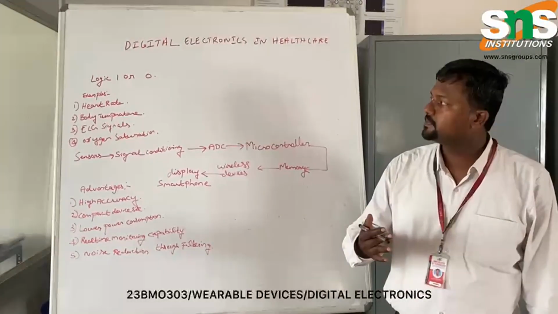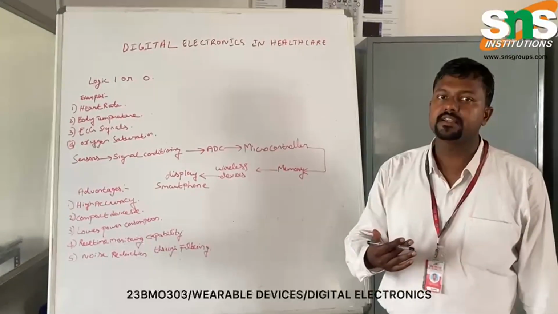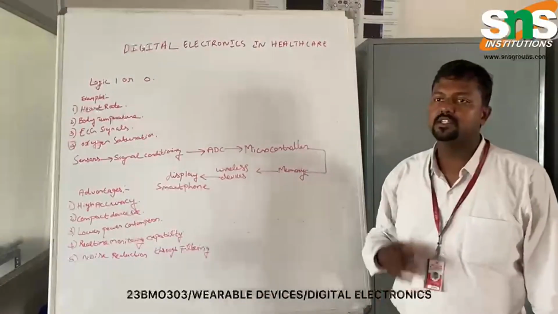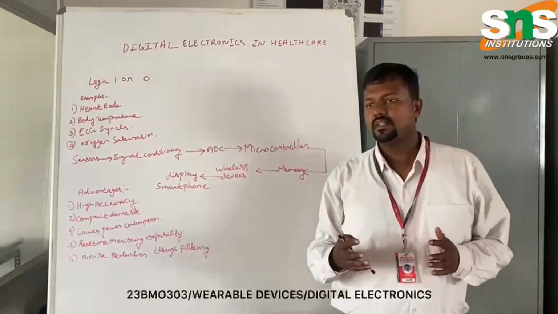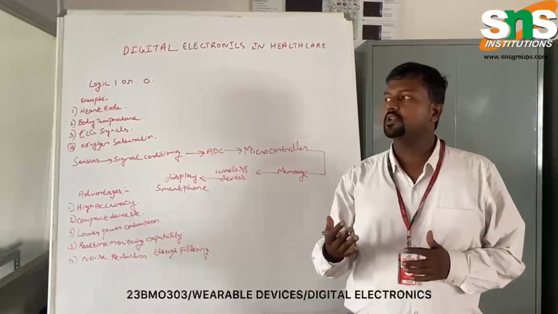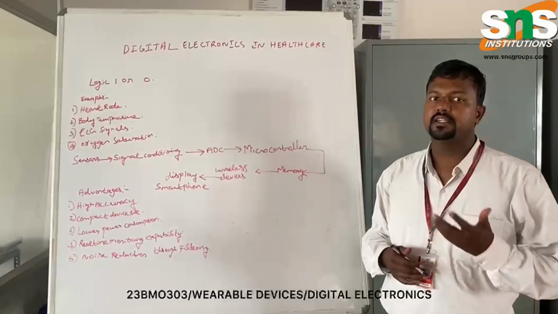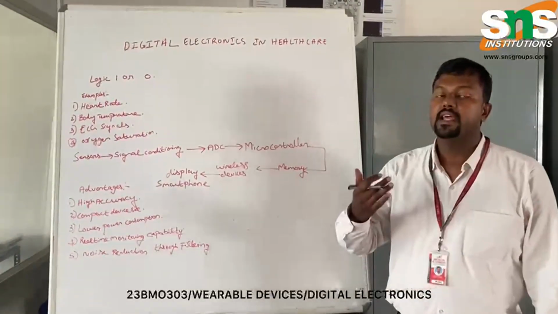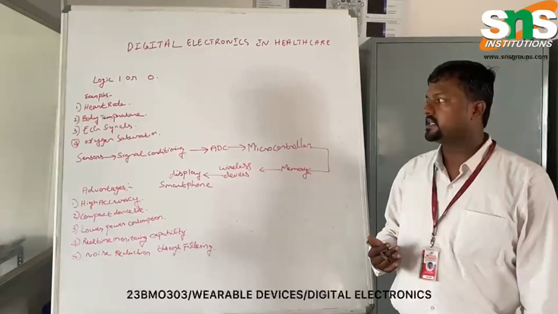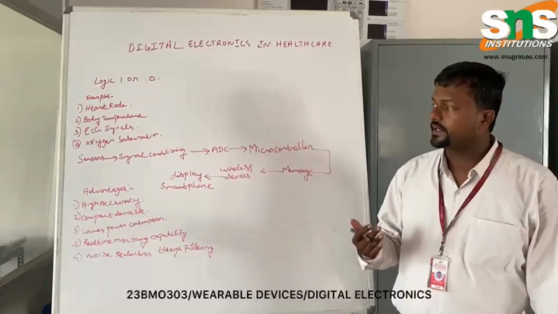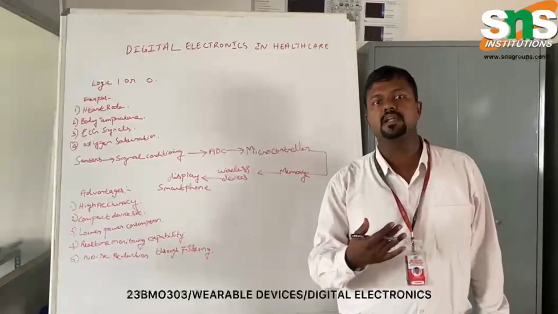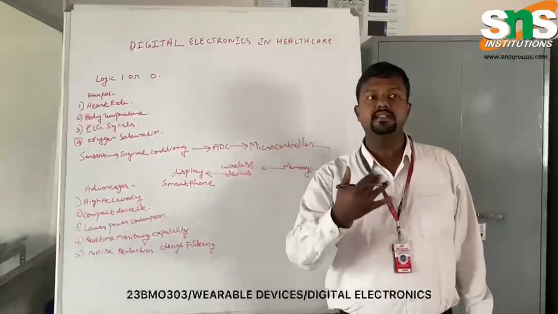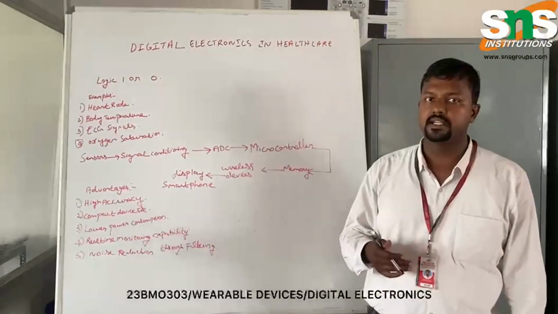Generally, when we speak about digital electronics, the output will be in two forms, either logic 1 or logic 0. Based on the digits, based on the displayed parameters, we can easily identify the health condition of a person. For example, heart rate, blood pressure levels and oxygen are the main important parameters to understand the health condition of a person at that instant.